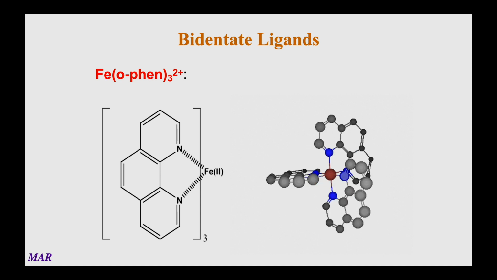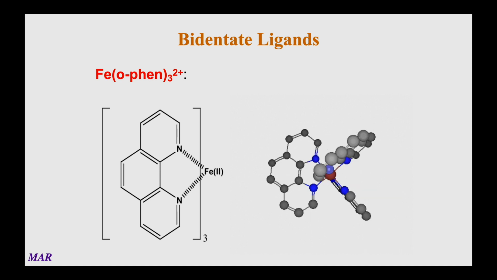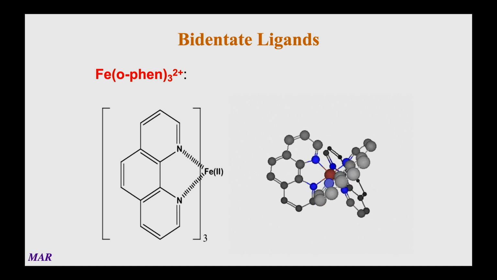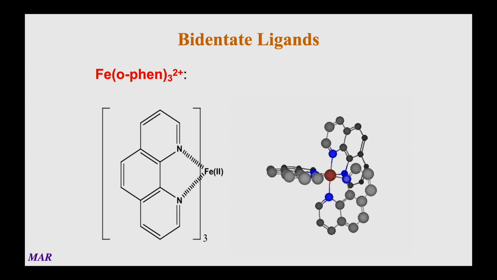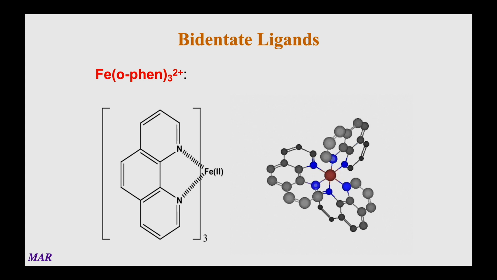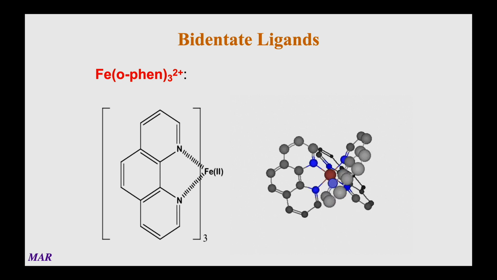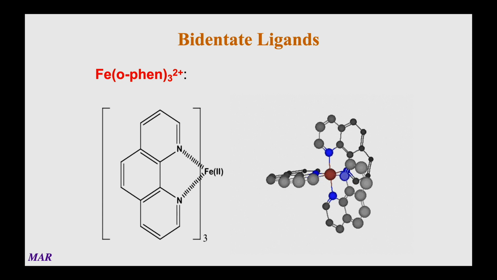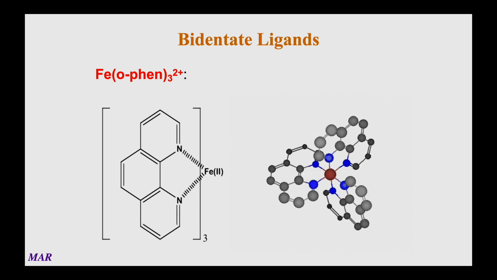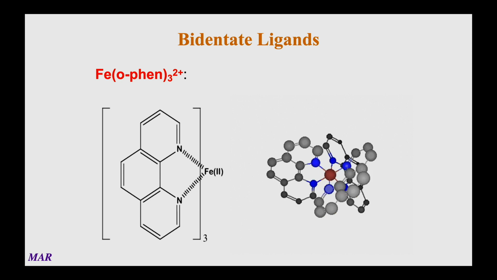But the geometry of this I find very fascinating, and other people do too. Sometimes people will call this a propellerane because it kind of looks like a propeller going around. There's a lot of cool geometry going on. In that picture, the red atom is the iron. The blues, once again, are nitrogens, and everything else is basically carbon, and hydrogens aren't being shown. But I love the geometry. I find that kind of mesmerizing for some reason. But yes, I need to probably go out and get fresh air.